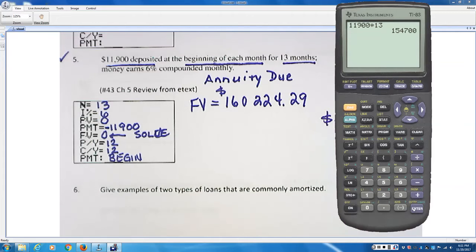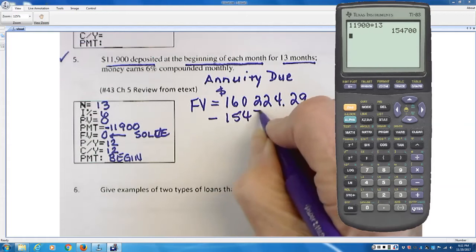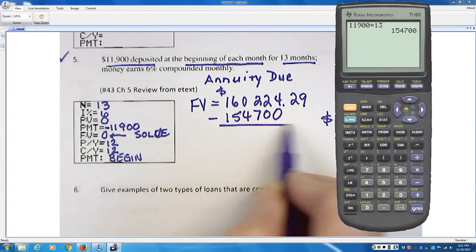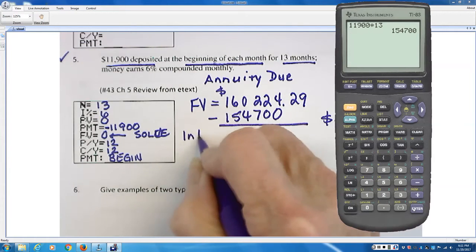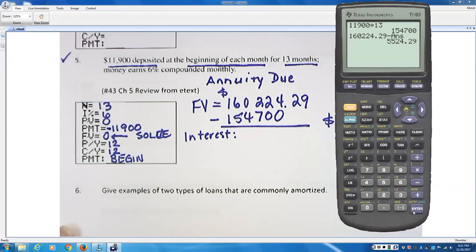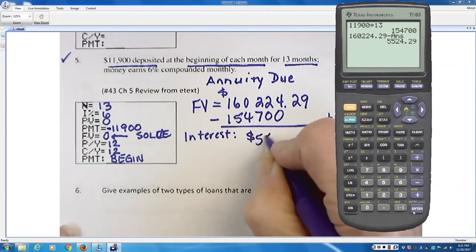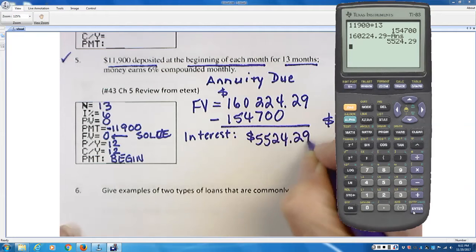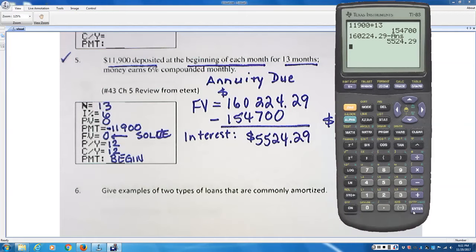That's money you paid in. So you subtract that off of your future value, 160,224.29, and this is going to be your interest. The amount of interest you earned in that case was $5,524.29, if they ask you how much interest.